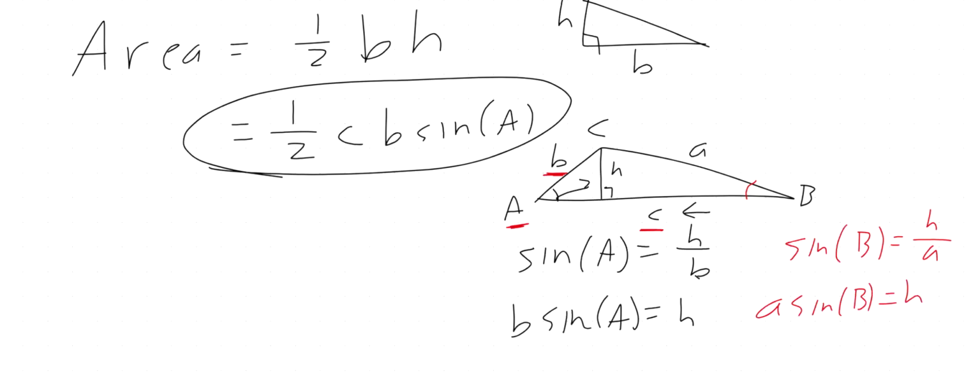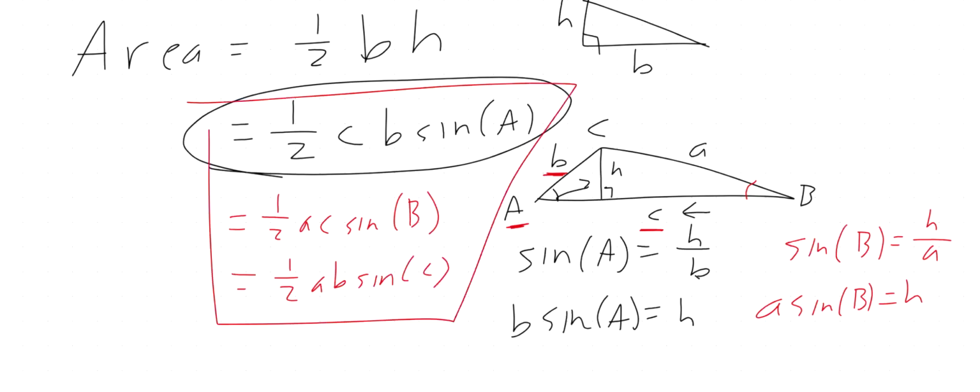So we could also have 1/2 a times c sine of B. And we could also do 1/2 a times b sine of C. So all three of these equations rely on a side-angle-side setup and can give you the area of a triangle using only the side lengths and angle measures.